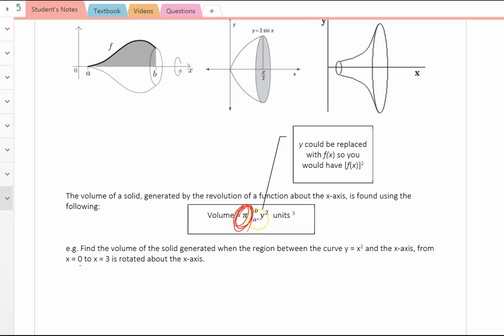It's really coming from the fact that the volume is made up by calculating the areas of circles. Then the circle adjacent to it would be a little bit smaller, and so on and so on. But it's basically about slices of circles. And like I said, that's as much as I'll go into it for now. Okay, we're just going to practice using the formula.